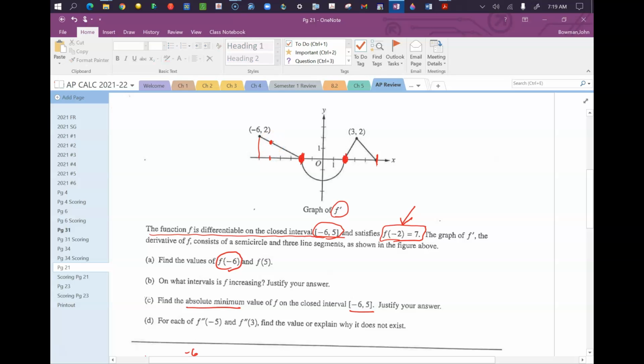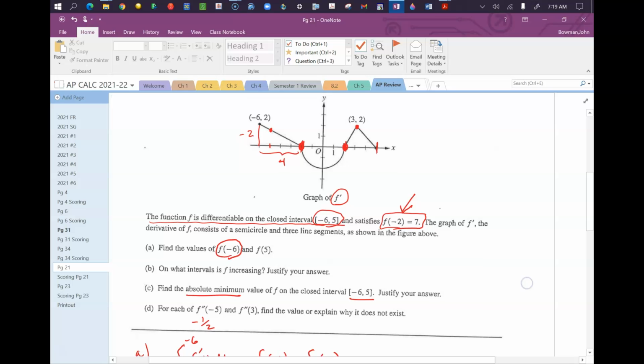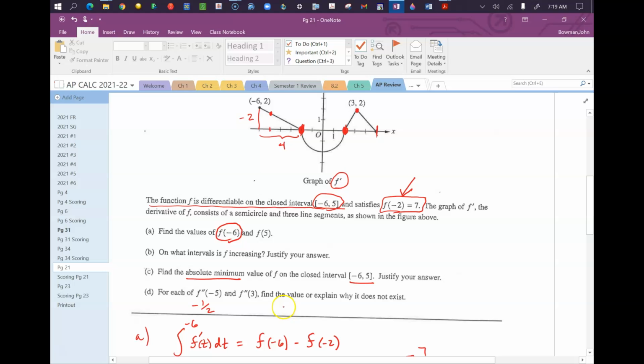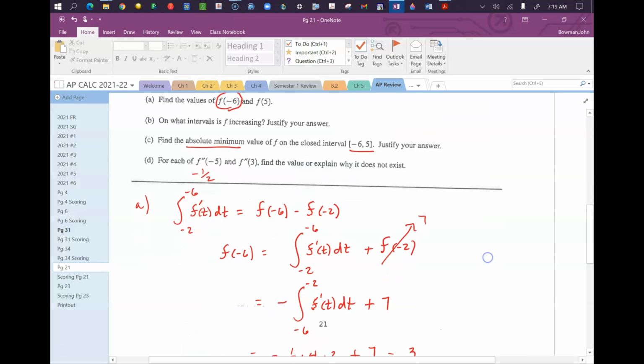So that slope is -2 over 4, so that's a slope of -1/2. So that's our f double prime of -5. F double prime of 3 is the derivative at that point, and you know that we cannot have a derivative there because the slopes from the left and the right are different. Find the value or explain why it does not exist.